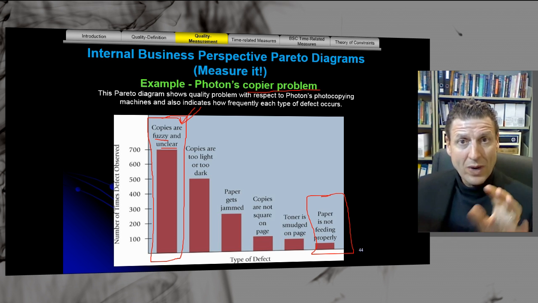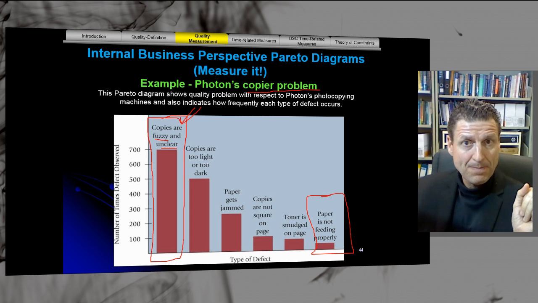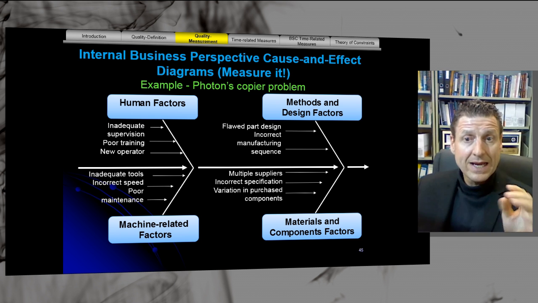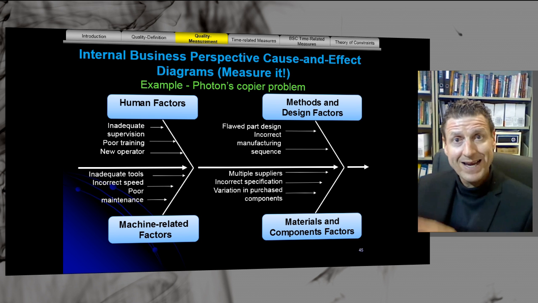So that is one approach to solving Photon's copier problem. A third approach to solving Photon's copier problem is to use a cause-effect diagram.